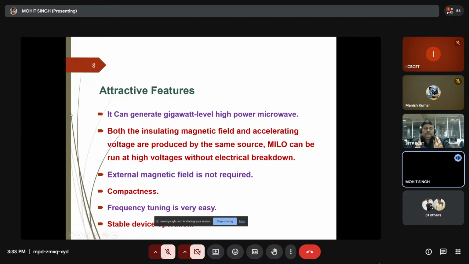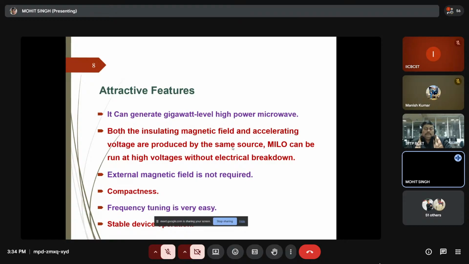Another thing is that both the insulating magnetic field and the accelerating voltage are produced by the same source. Who is producing the magnetic field here? How is the magnetic field produced? We are applying the voltage between anode and cathode. That applied voltage results in a high electric field.